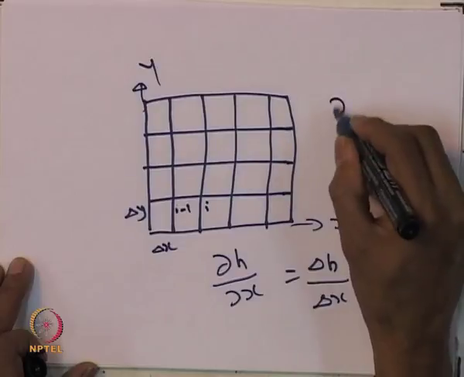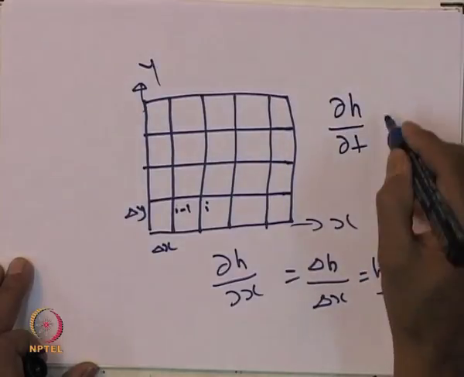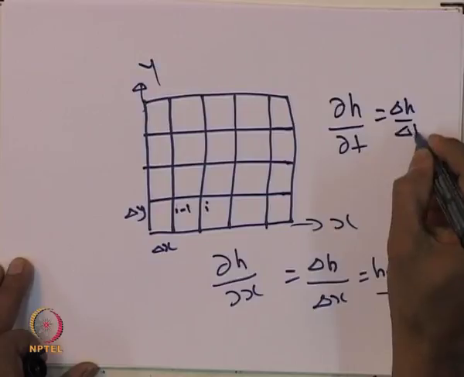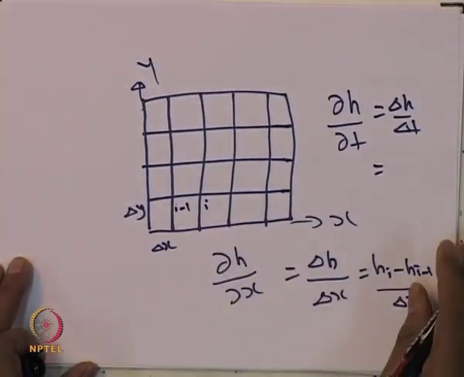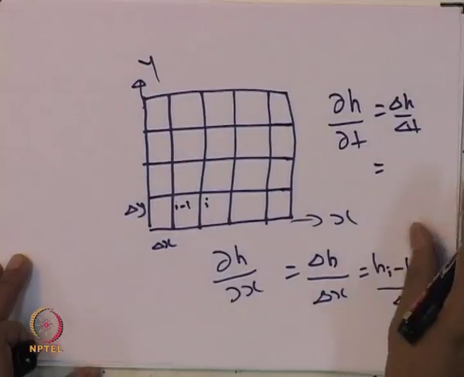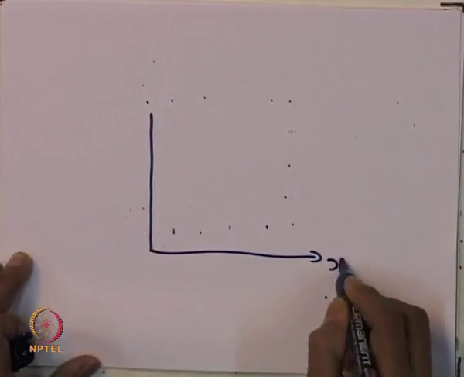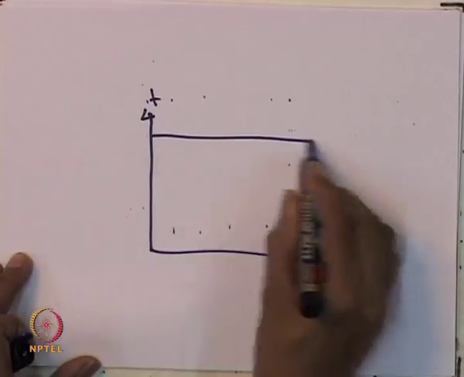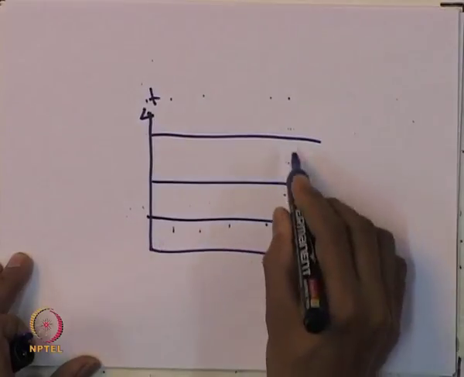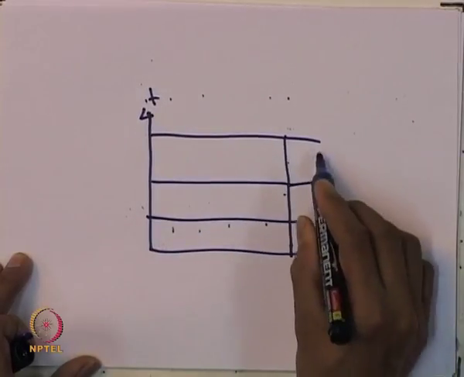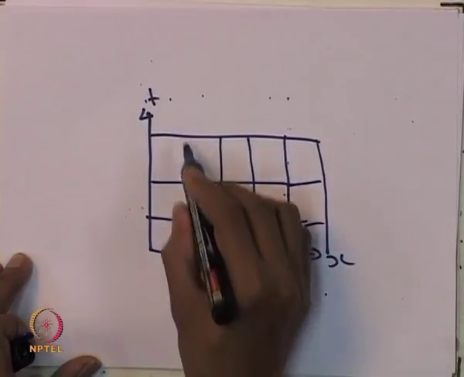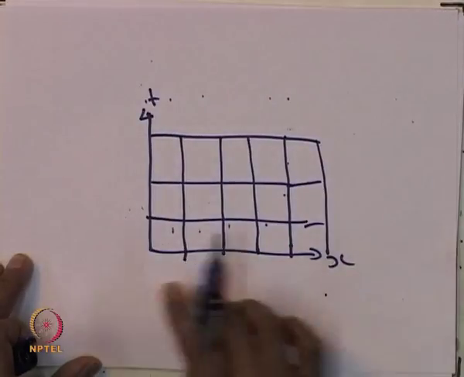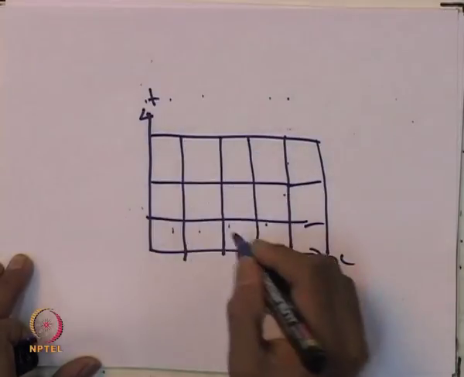Similarly, time wise also, del h by del t we can write as delta h by delta t. There again we can have the variation with respect to the time domain. Here this is x, this is t, so we can consider the variations with respect to the x t plane. The x axis gives the variation in space, and t represents the time.